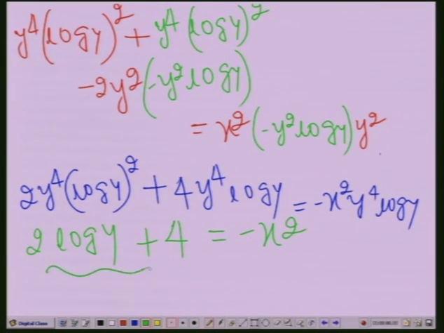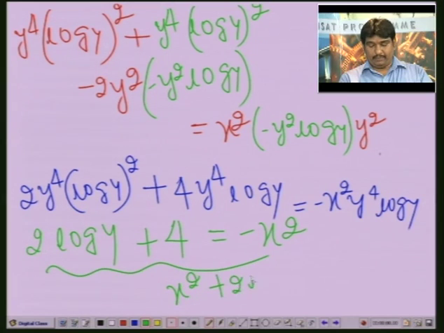Now simplify this. This is x square plus 2 log y equals 4.